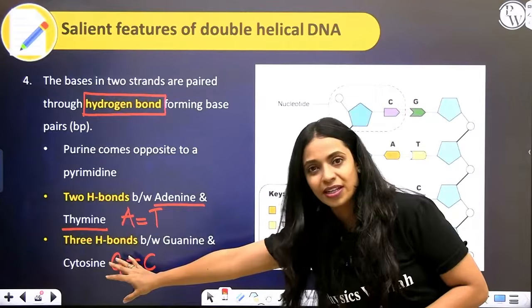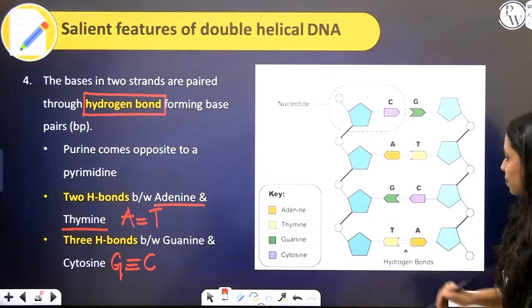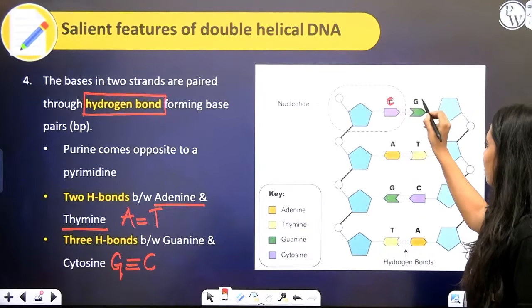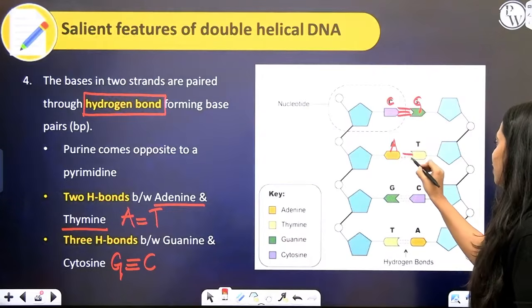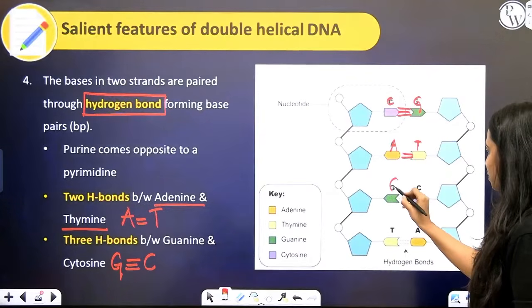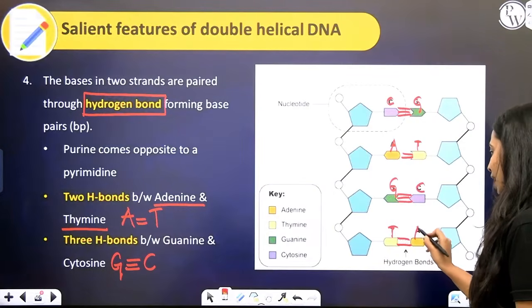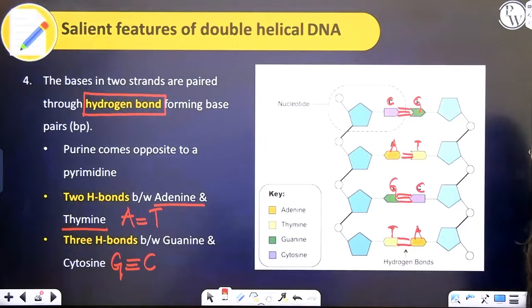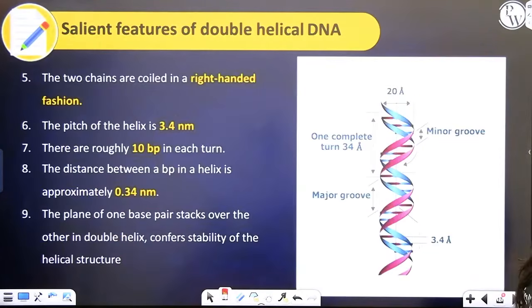However many guanines are there, that many cytosines would have paired opposite. Okay? So here you can see how you have C paired with G by means of 3 hydrogen bonds. In one strand you have T, the other strand you will have A. If you have G here, you will have C here. If you have T here, you will have A here. That is how beautifully they pair. Okay? So this is like Rab ne bana di jodi. So that's about the base pairing.